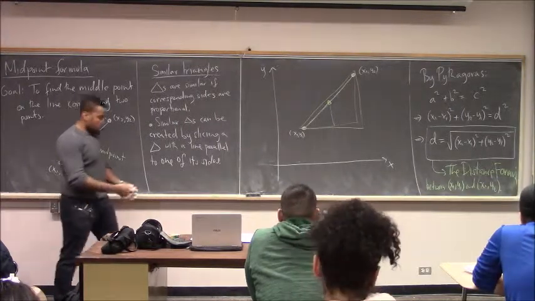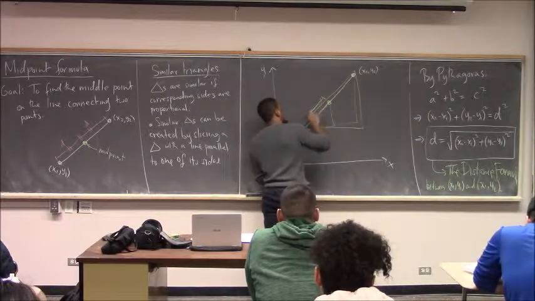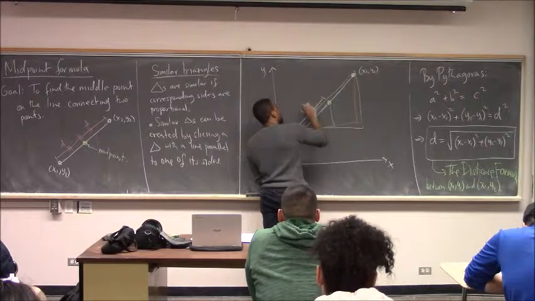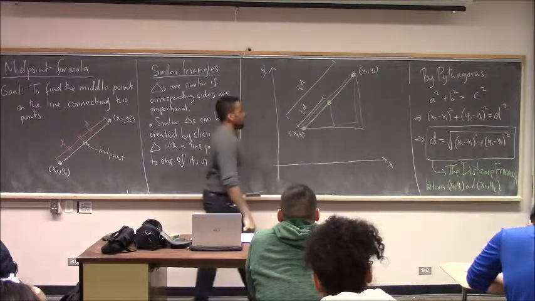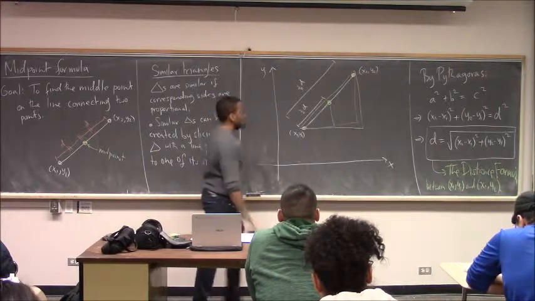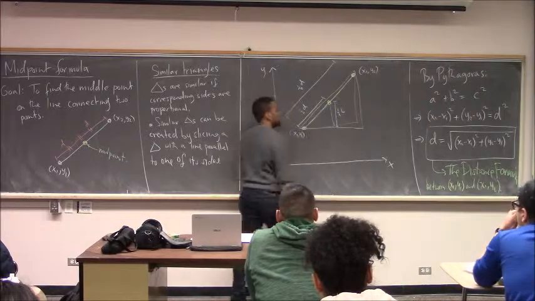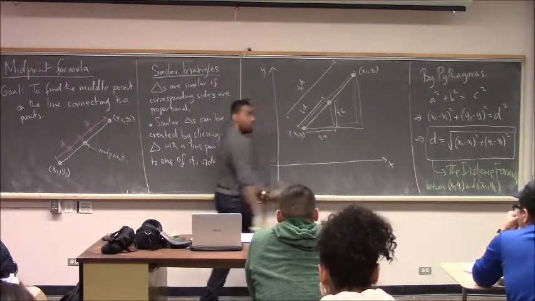Okay? So the thing is, since this distance here is half the entire distance, which is that, it would also immediately mean that this length here would be half the B side, and this length here will be half the A side.